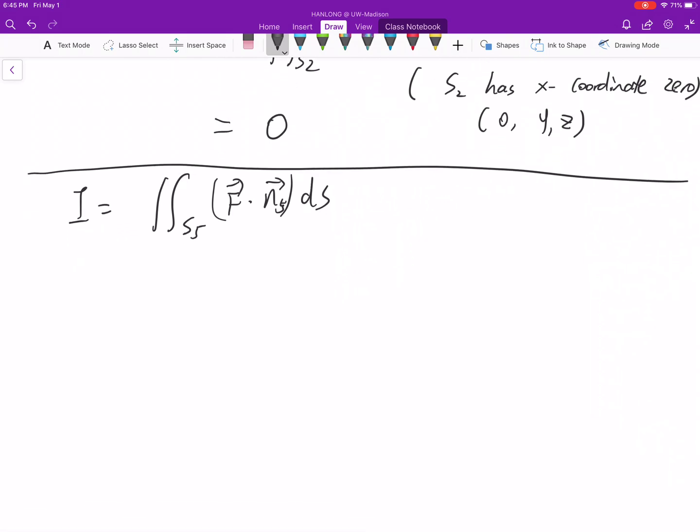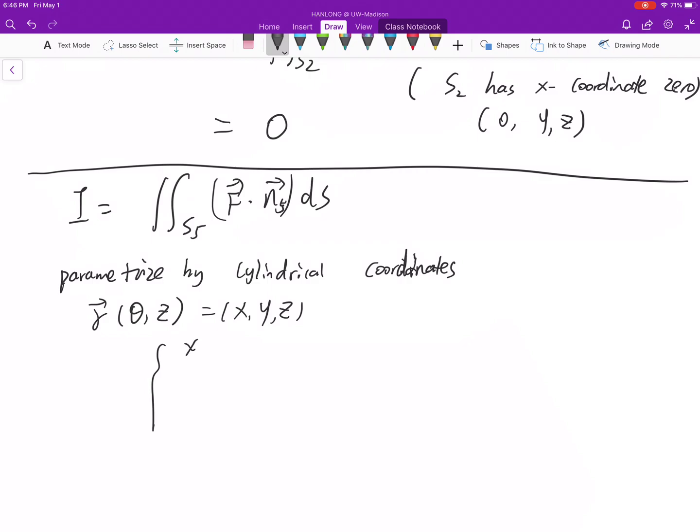Okay, now we should give the surface a parameterization to calculate this one. So parameterize by cylindrical coordinates. So gamma of theta and Z, because R is 2, already fixed.